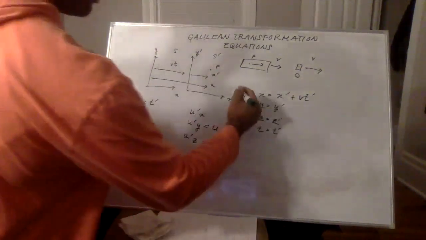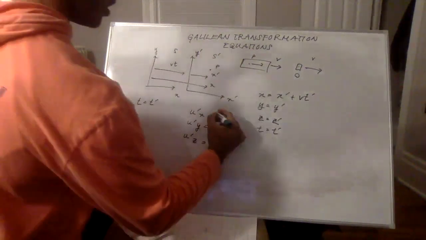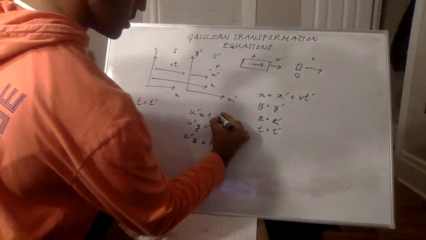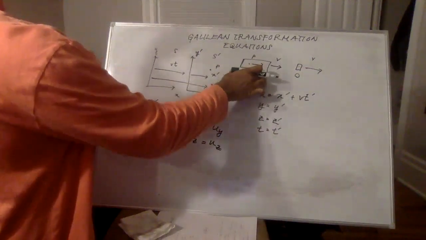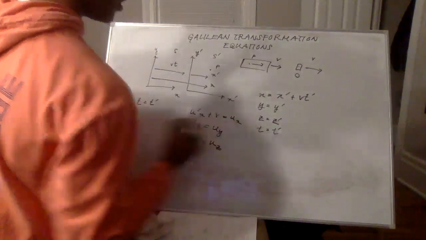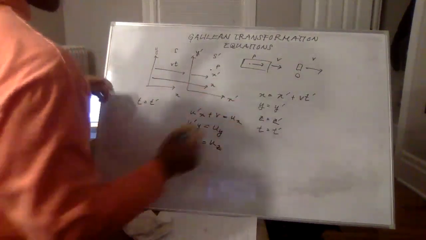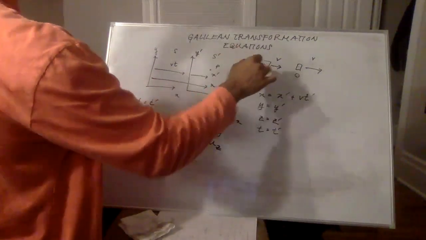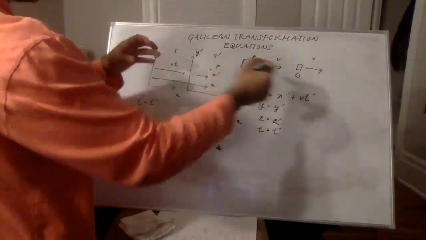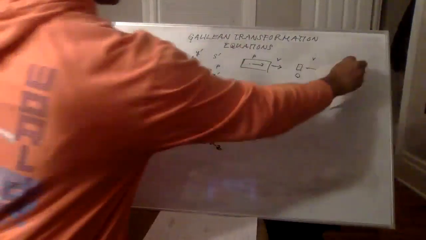It's pretty simple. In terms of the standard reference frame that's not moving, u prime x plus v, however fast this bus or reference frame is moving, is equal to ux. So basically this equation is saying, if a person is standing here, how fast do they see a person on the bus moving, as if the bus were invisible or transparent? Let me draw this a little more clearly.